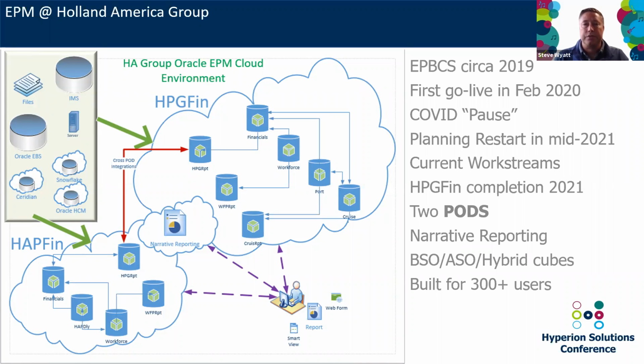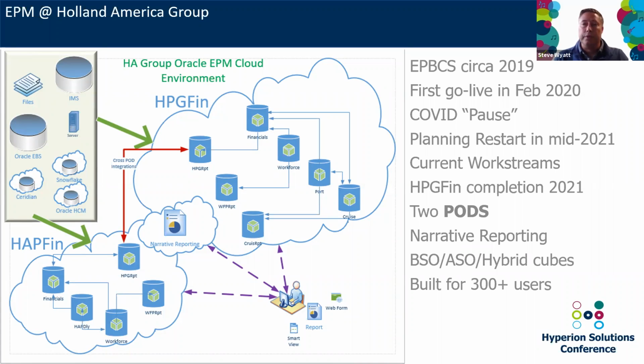So we are using what's called Enterprise Planning and Budgeting Cloud Service. Our first go live was in February 2020 with 2 of our work streams, which use the financials module and workforce planning module. Early last year, we went on what we're calling our global pause due to COVID, which had a pretty hefty impact on the cruise industry as a whole.